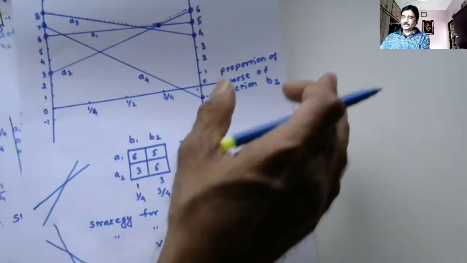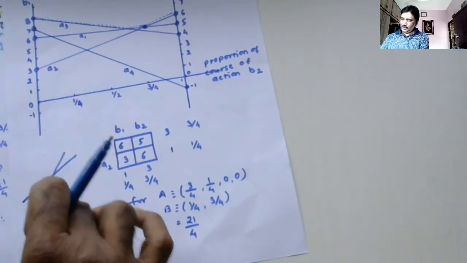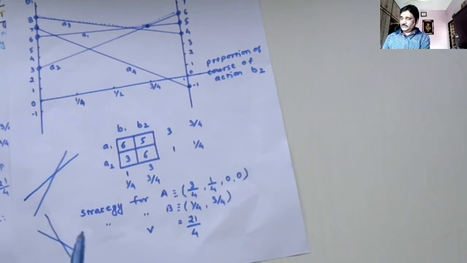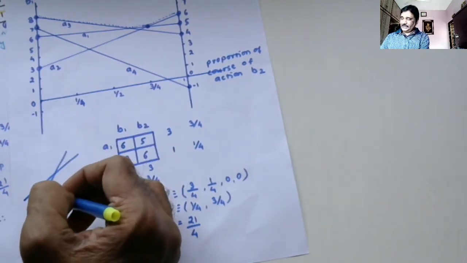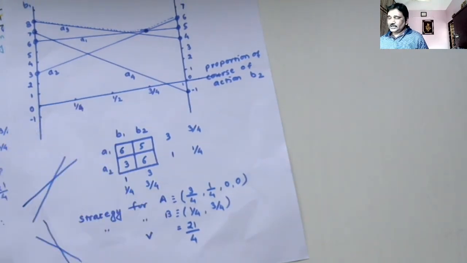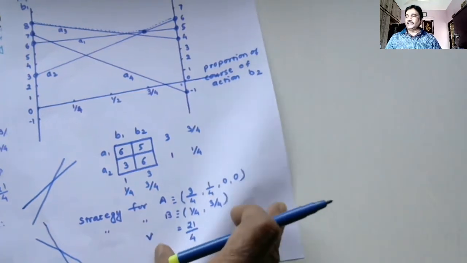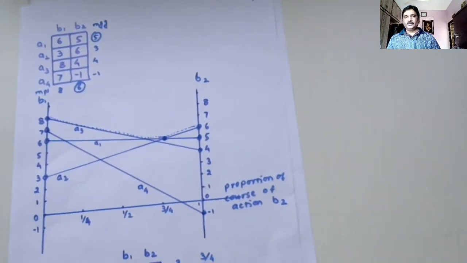If the lines are going up and intersecting or going down and intersecting, then the game formed by the two courses of action indicated by these lines will show a saddle point. All right. So dominance and existence of saddle point are signified by the graph.